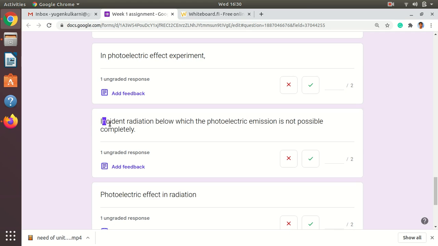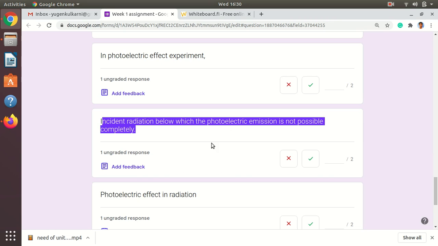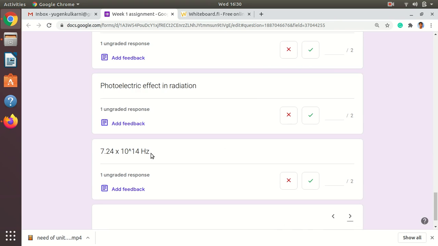Okay, this is also fine: incident radiation below which it is not possible. Someone has written this number, and I don't know how this number has come. It might be the case for some material, some metal, but it is not the same for all metals. From metal to metal this frequency changes, and the reverse voltage also changes.